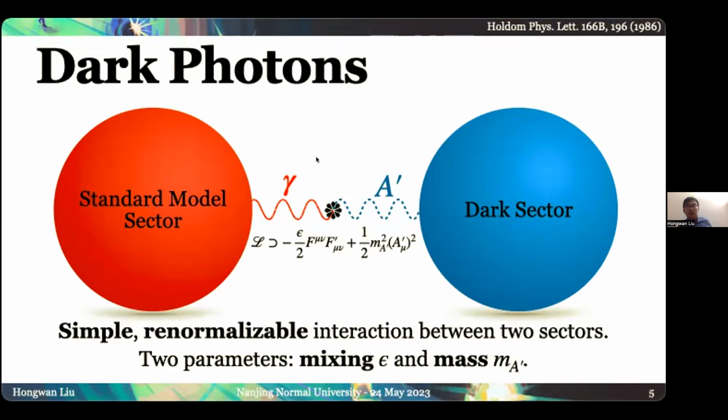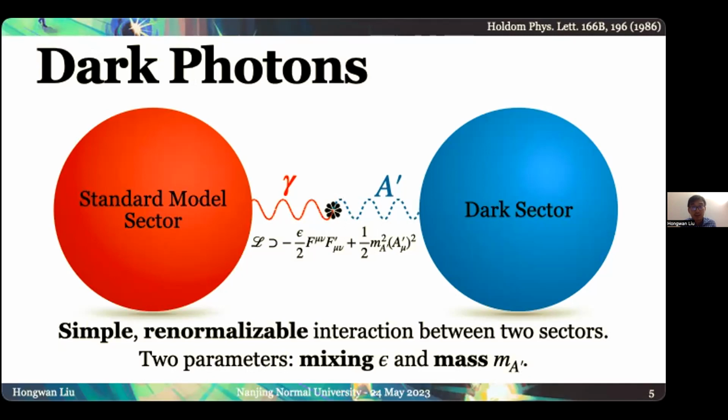Now, one reason why this is such an important setup to study is because if you think about how we can build interactions between very light new particles in the dark sector and the standard model, there aren't actually that many ways to build such an interaction. And it turns out that the dark photon is one of just a handful of ways in which you could write down a renormalizable interaction between the dark sector and the standard model.